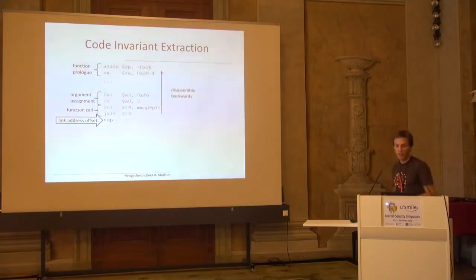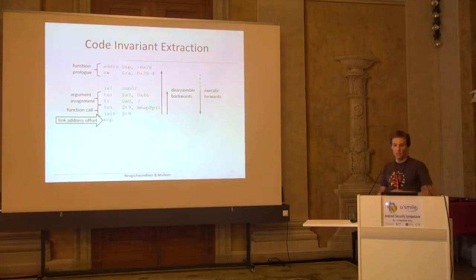So now from this link address offset in the binary, so this is basically the code that's been stored on the disk, right? Because we want to get our ground truth. We start to disassemble backwards, and we do that either until the function beginning or until we hit some control flow diversion.